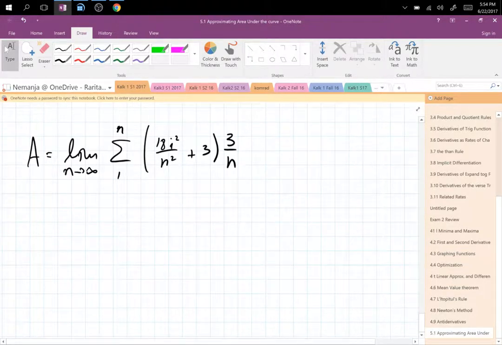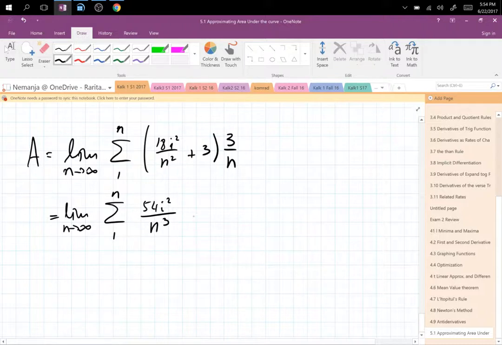So the first order of business is to distribute 3 over n to both. So limit n goes to infinity, summation 1 to n, and we have 18 times 3, which is 54, i squared over n cubed plus 9 over n.